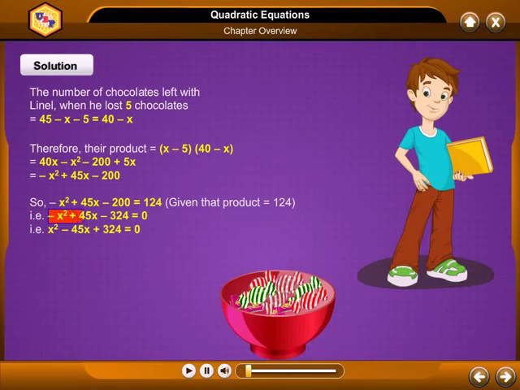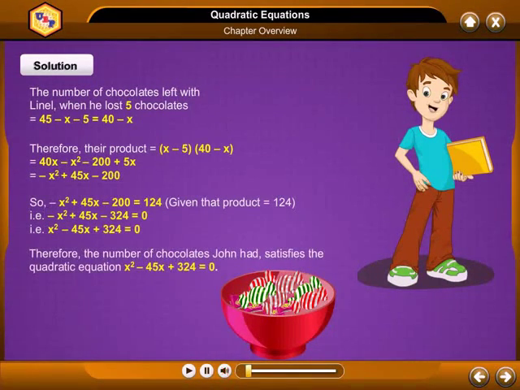That is, minus x square plus 45x minus 324 is equal to 0. That is, x square minus 45x plus 324 is equal to 0. Therefore, the number of chocolates Aditya had satisfies the quadratic equation x square minus 45x plus 324 equal to 0.